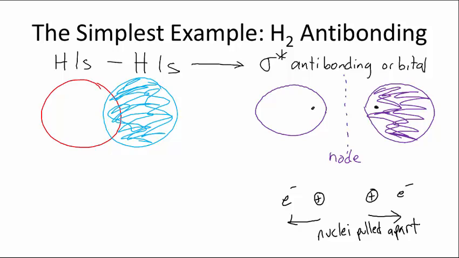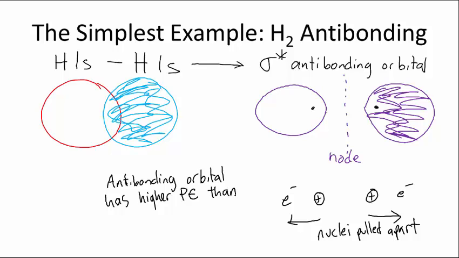So what does that mean about their potential energy? Higher. So the antibonding orbital has higher potential energy than the atomic orbitals.